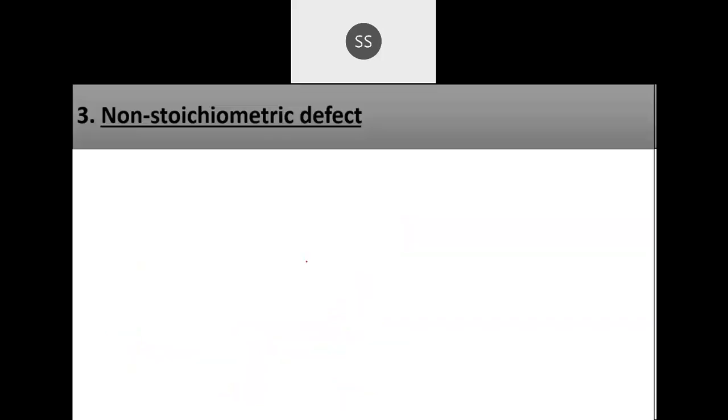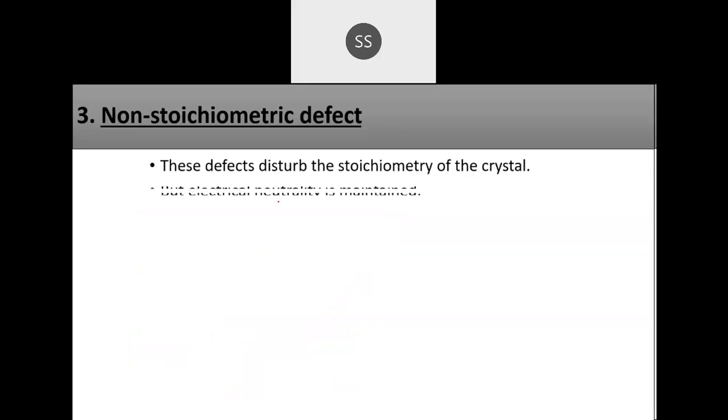And at the end, remember one point: whatever the defect is, finally the electrical neutrality will be maintained. It doesn't get disturbed. The positive charges will be satisfied by the negative charges.